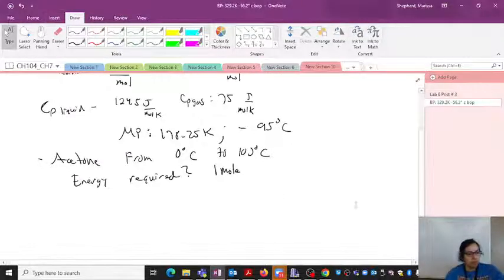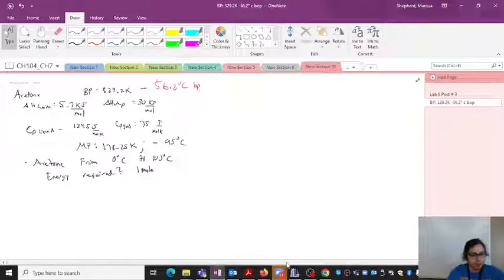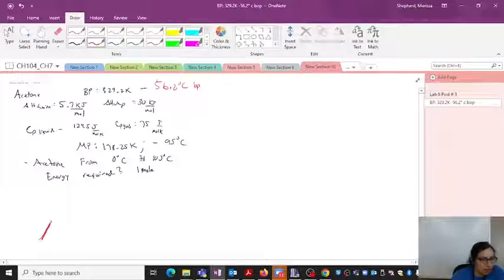And so I'd probably again sketch out our little graph. And this is more just for me, so I know, okay, it's going to melt at negative 95 degrees Celsius. There's our melting. So melt, then it has our liquid phase, all the way to 56.